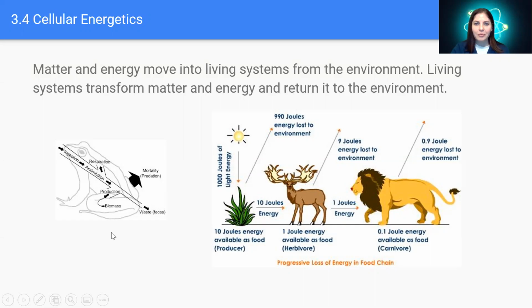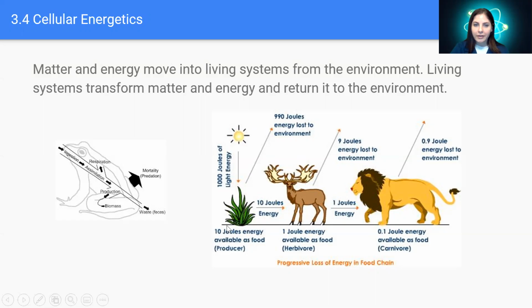Now, something that most of you have probably seen is trophic levels, and you've seen that transfer of energy from one trophic level to the next. So for example, if we started off with 1,000 joules of energy from the sunlight, only 10 of those gets transferred to the plant. Now, that energy transfer from sun to plant actually loses about 99% of the energy. Now, the rest of the time, we have that 10% rule.